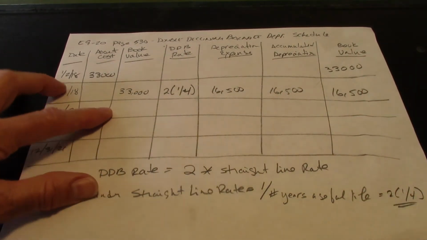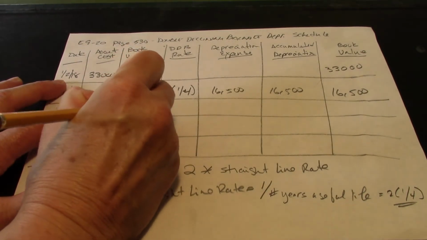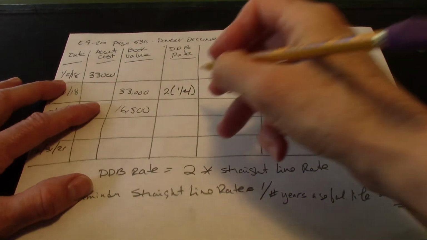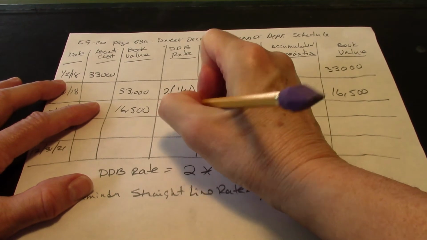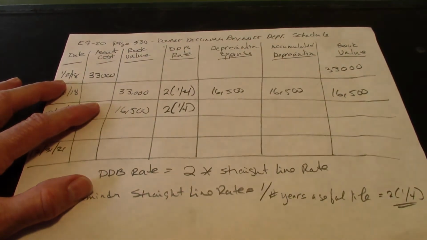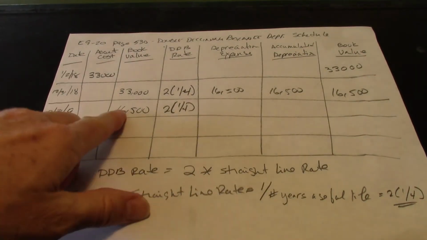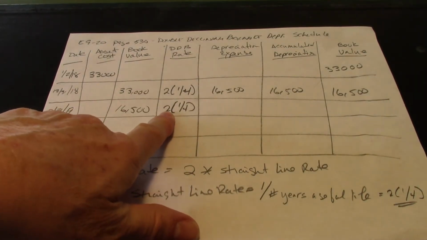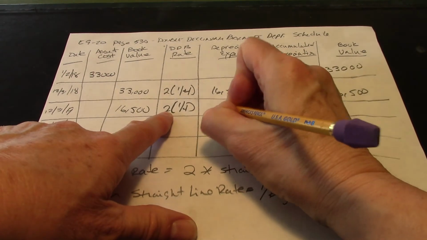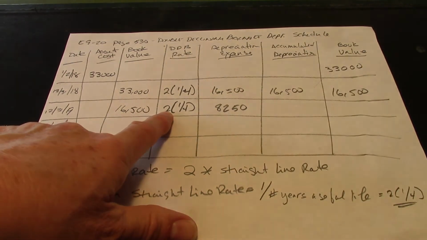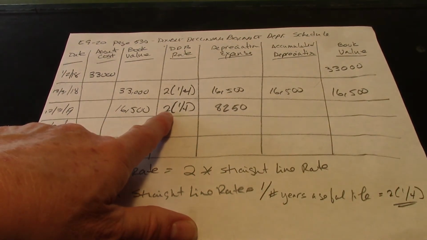For the next year, we bring that over here. 16,500. What's the rate? Same rate, 2 times a quarter, or 1/2, however you like to think of it. So 16,500 times 0.5 is equal to 8,250. All right.